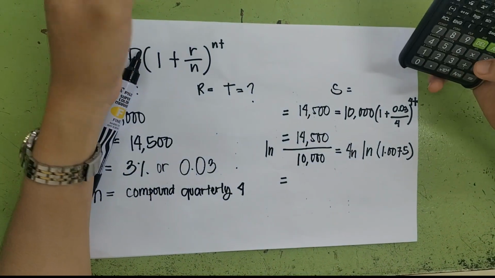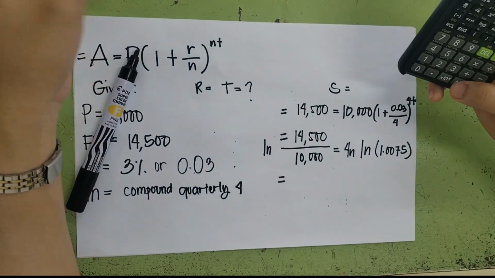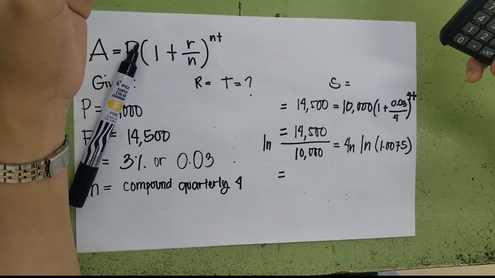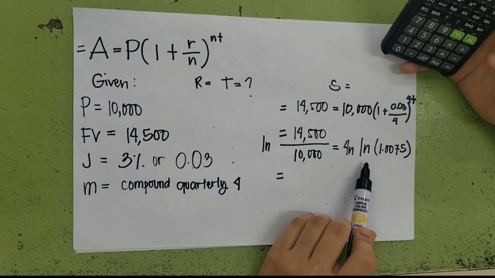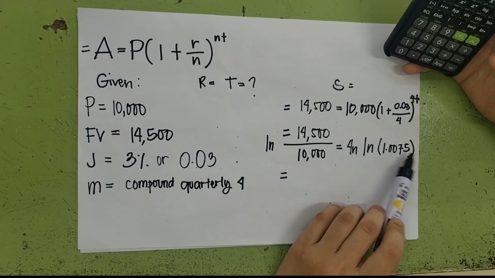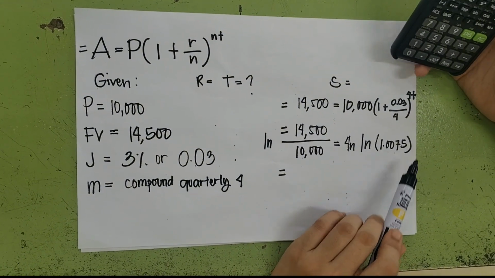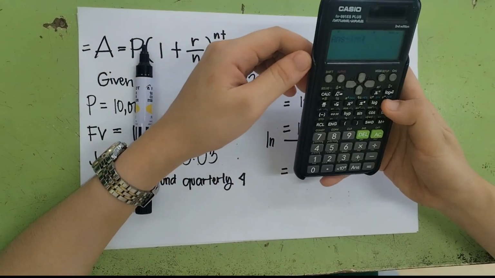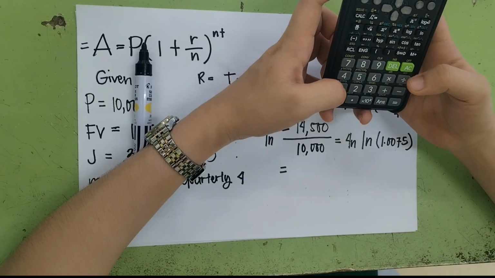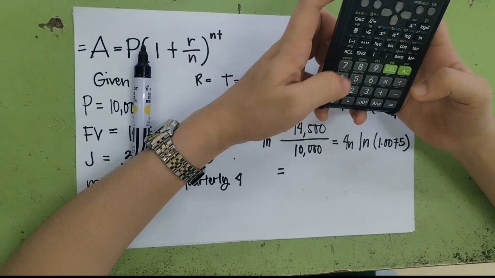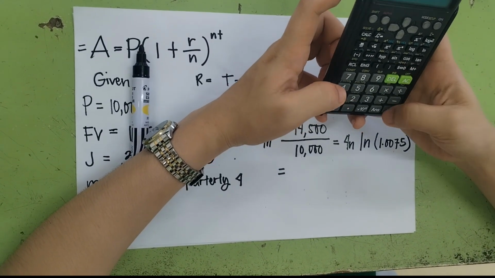0.371563556 and so on. And after that, you will press the answer again and divide it by the logarithm of 1.0075, or the ln 1.0075. Press the ln in your scientific calculator, open parentheses, then press 1.0075 and close parentheses.